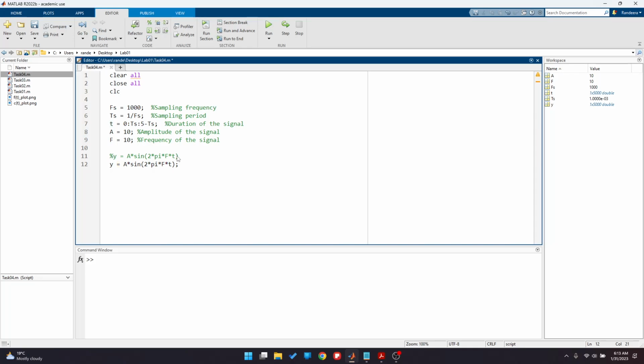And after defining the dependent variable y, I can plot the time domain of this signal. So I can say plot, my independent variable is t and my dependent variable is y. And after that I will just run this code, and then we will determine the necessary x and y axis limits.